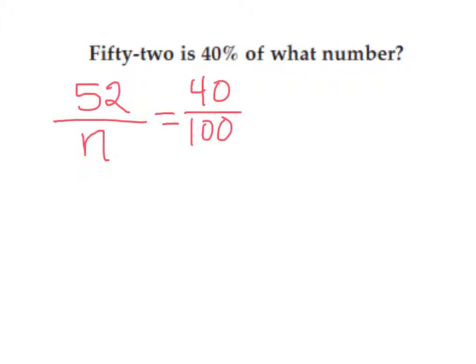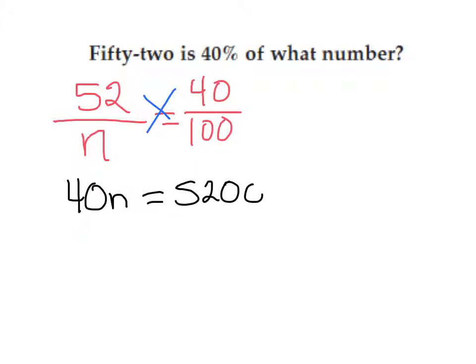Then go ahead and cross multiply to get this to look like an equation that we can work with. The first thing I'm going to do is multiply 40 times n and get 40n. Bring down the equal sign. Multiply the next side, 52 and 100, to get 5,200.